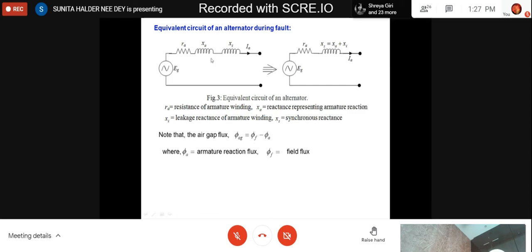That is why the armature reaction phenomenon is represented by a reactance XA in the generator equivalent circuit, so that it can be shown as a drop. IXA will be dropped due to armature reaction, because that drop is actually reducing this EG, that is, reducing the resultant terminal voltage across the alternator.